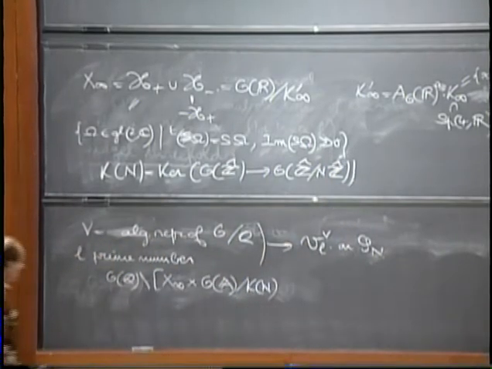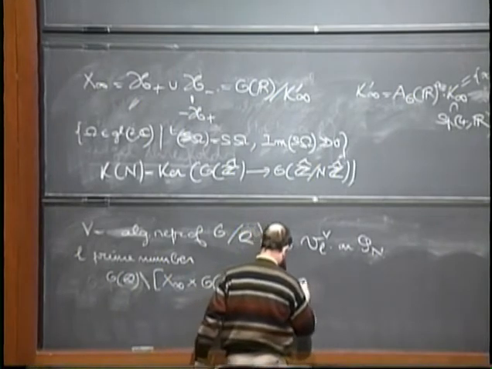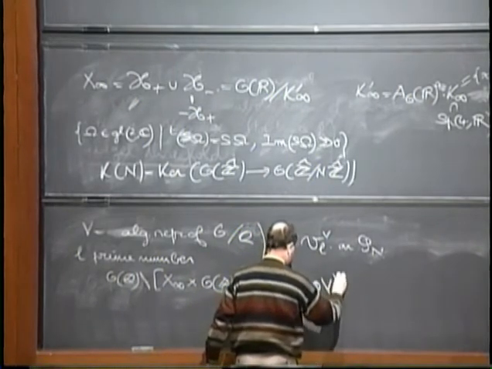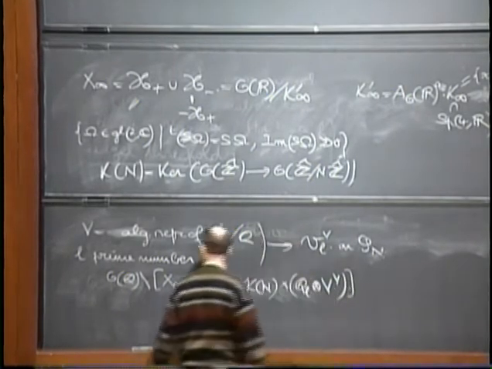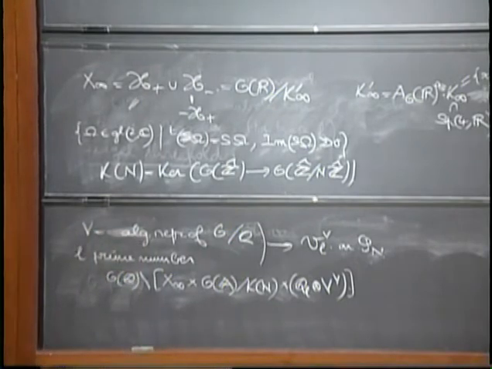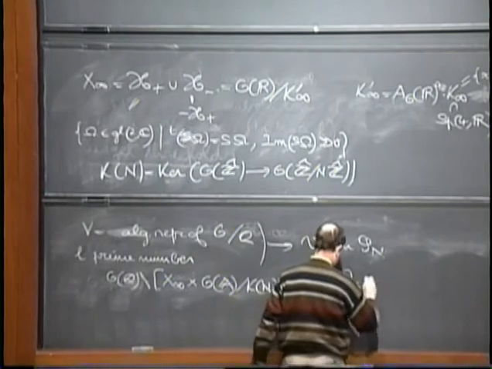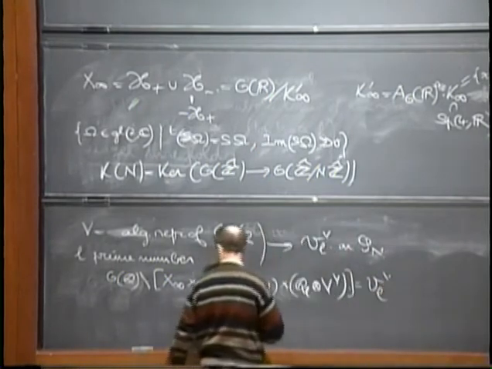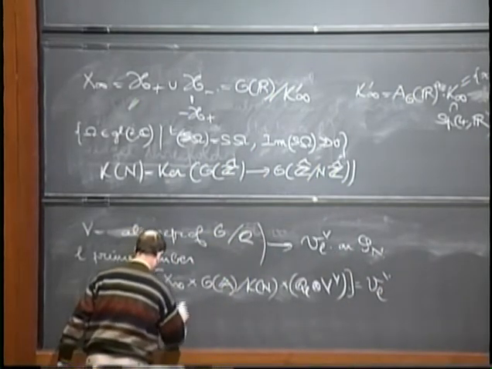And here you multiply by Q_l times V dual. So that's the total space, in some sense, of the local system on the complex points.